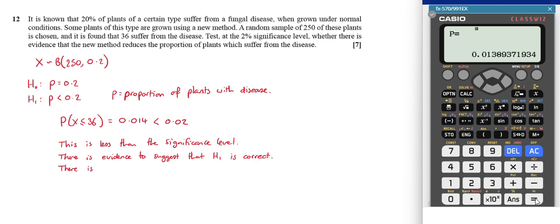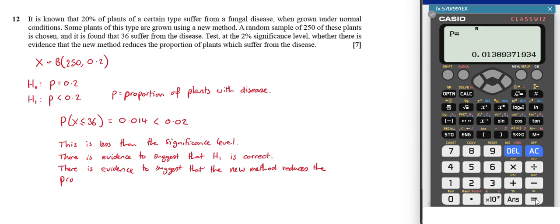There is evidence to suggest that the new method reduces the proportion of plants with a disease.